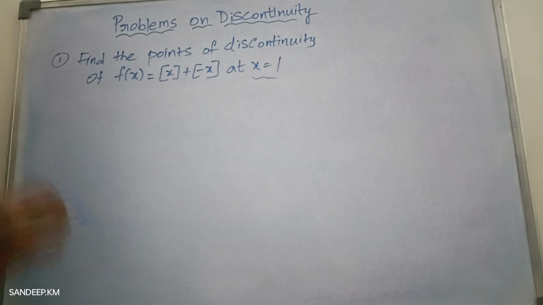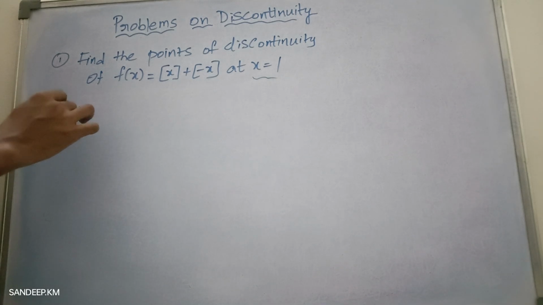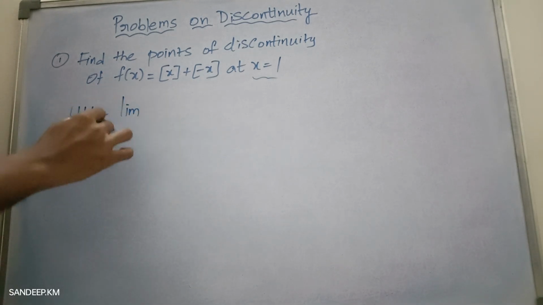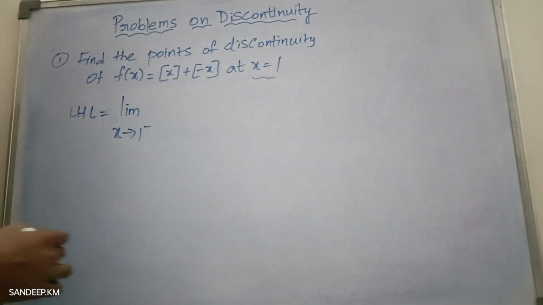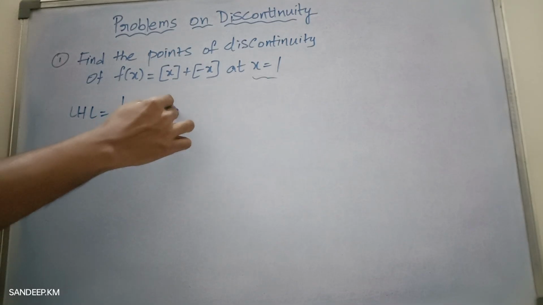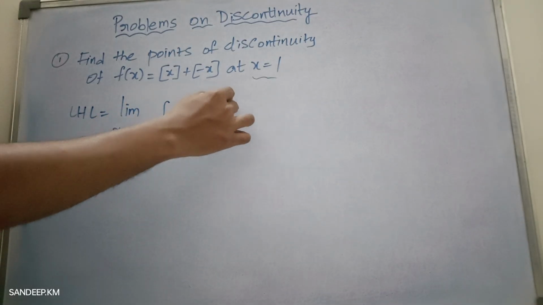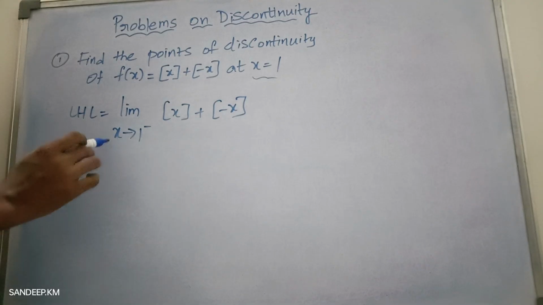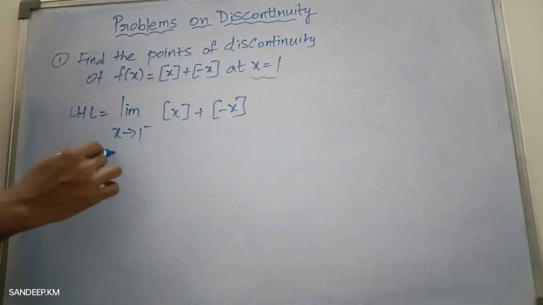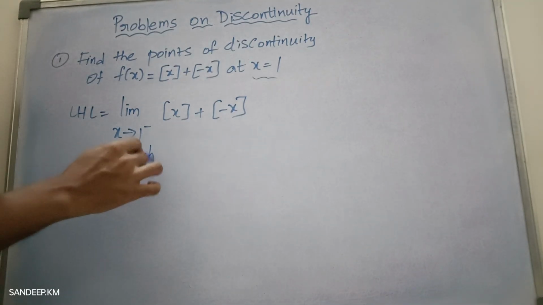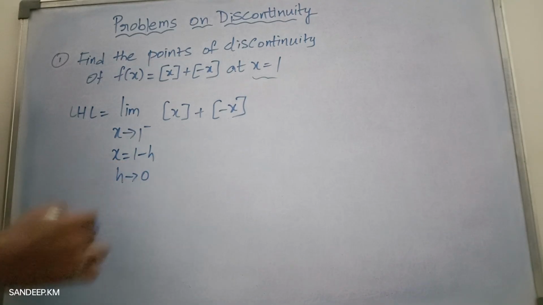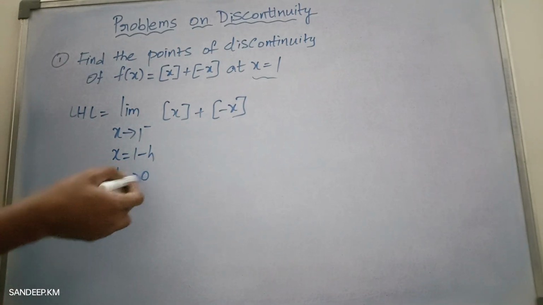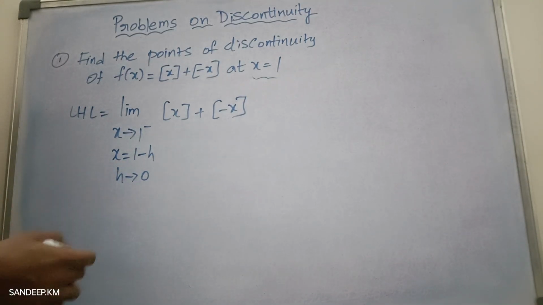First, left hand limit at x is equal to 1. So limit x approaches 1 from left side. What is this function? Step x plus step of minus x. So when the function contains steps, let us convert it into h. We can write x is equal to 1 minus h, where h is approaching 0, particularly 0 plus. Okay, now h is positive. Keep this in mind.